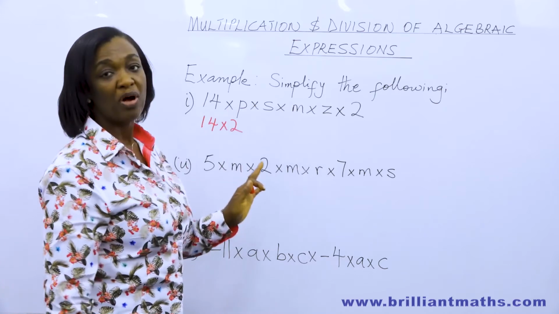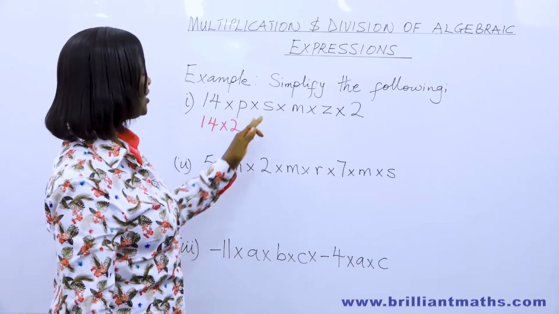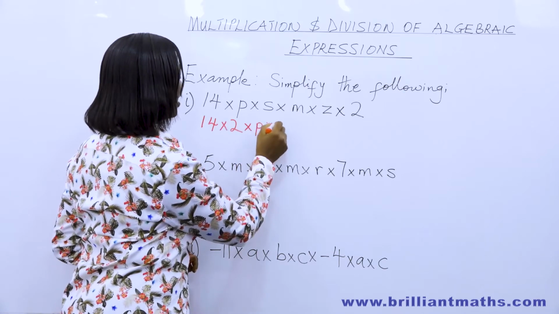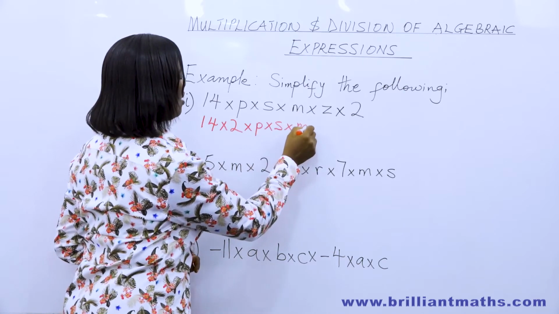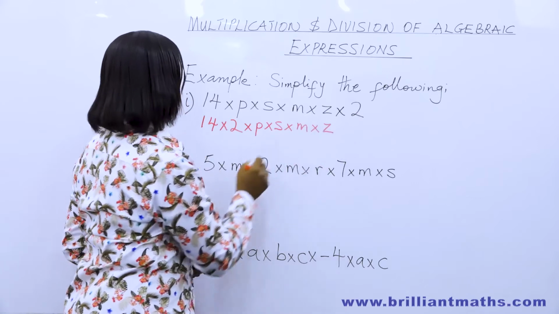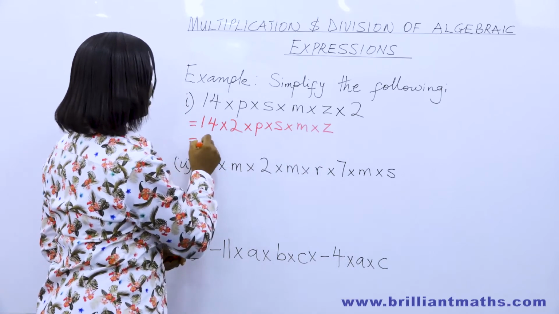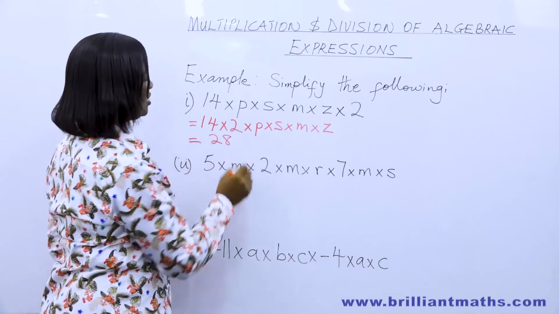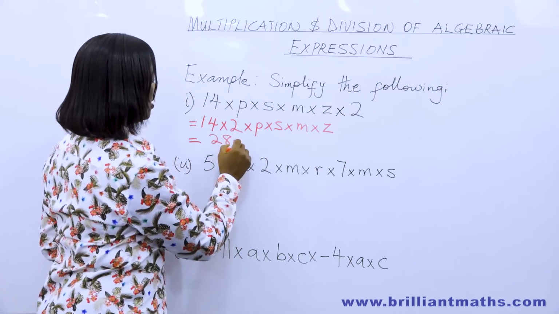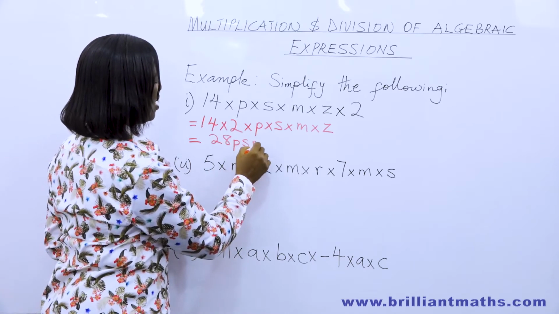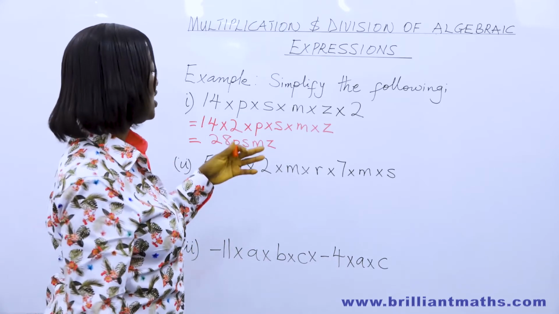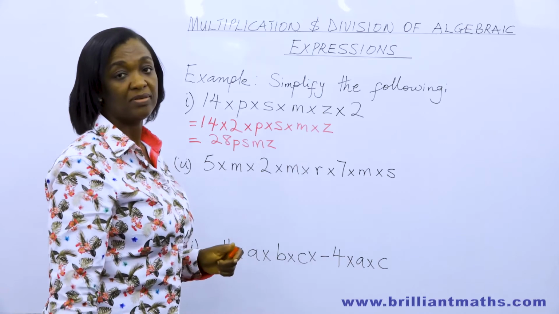All of them are to power 1, so we'll write them the way they are. Times p times s times m times z. So the final answer is 14 times 2 is 28psmz. The order of the letters does not matter.